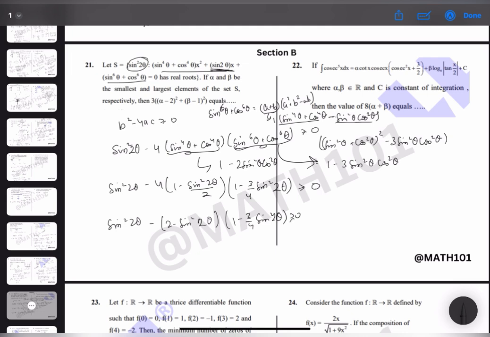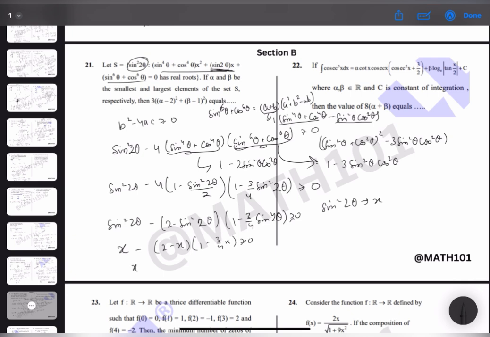So we'll replace sin square 2 theta, we'll write it as x. So we get x minus 2 minus x into 1 minus 3 by 4x is greater than or equals to 0.